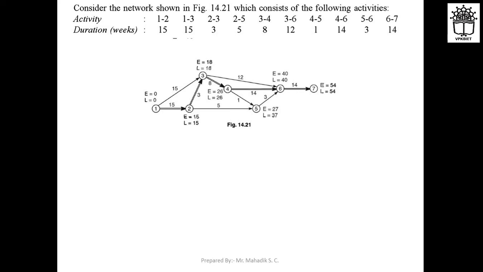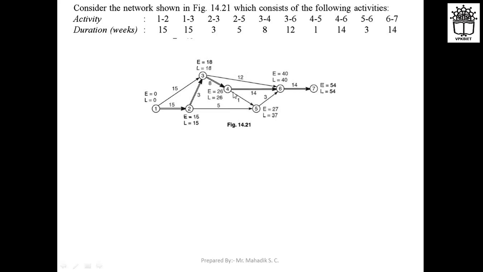So for each activity, for the 2 to 5 activity, you can see here, the duration required is 5 weeks. For performing activity 3 to 4, the duration required is 8 weeks. For performing activity 3 to 6, the duration required is 12 weeks.